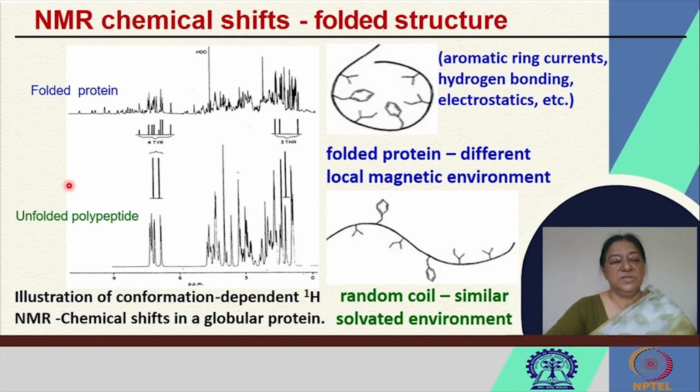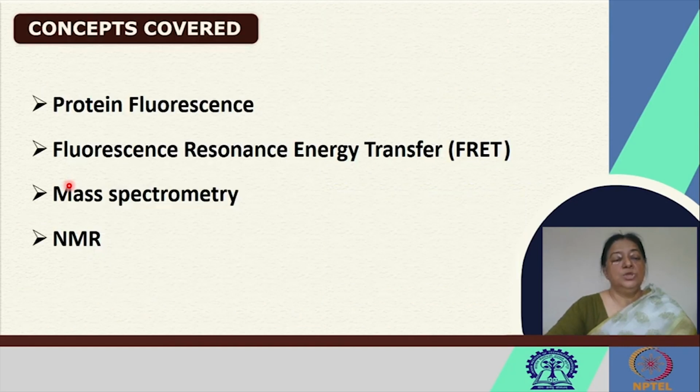So what we looked at in this lecture is an understanding of protein fluorescence, telling us that we have the aromatic amino acid residues that contribute to our overall structure, our overall protein fluorescence, with tryptophan dominating the fluorescence.